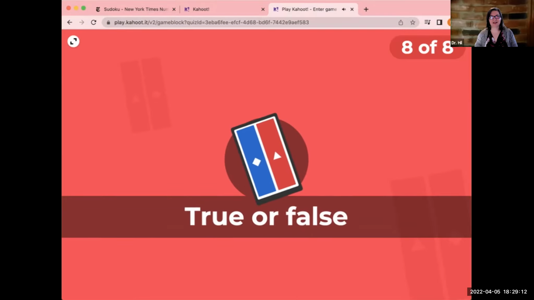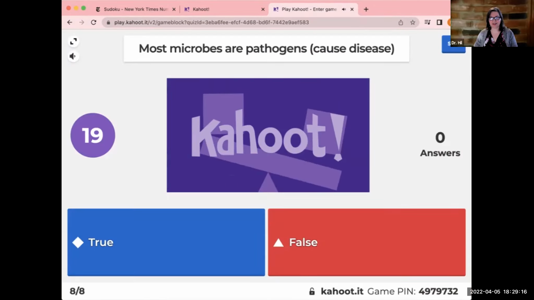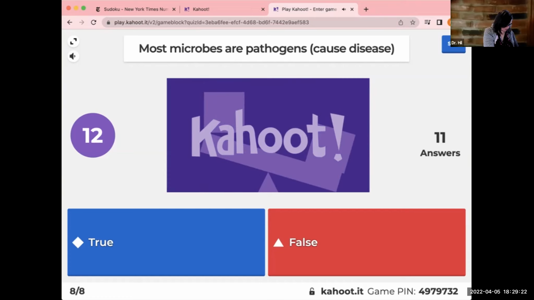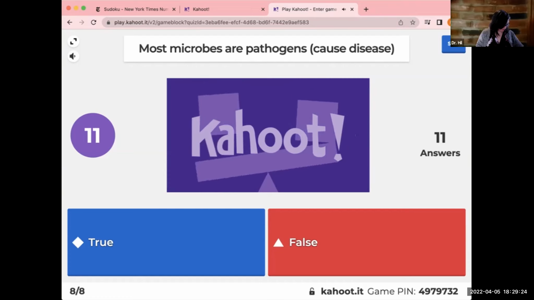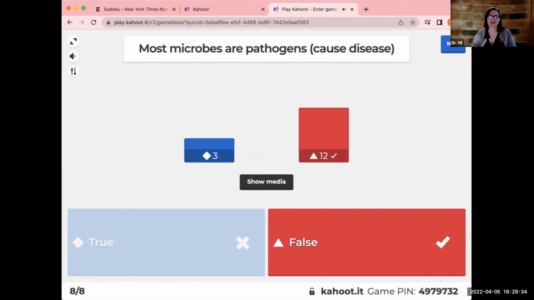Congratulations. Last one, true or false? Most microbes are pathogens and cause disease. That is false. Most microbes are not pathogens.